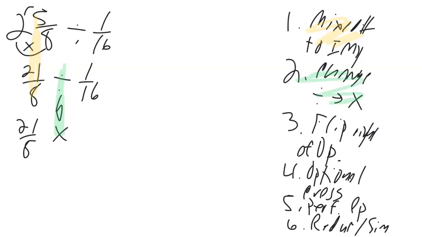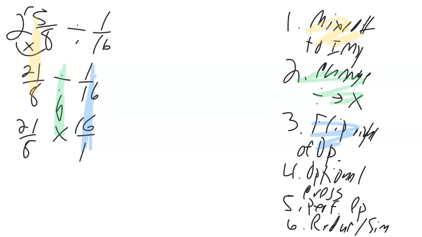And then step three is flipping the right side of the operation. This is the operation here. The right side, of course, is over here, so that's 1/16. So we're going to flip that, meaning flip it over. So flip that to 16 over 1. Okay, and so now we've done step three, which is flipping, right?